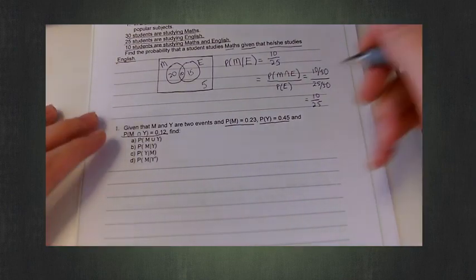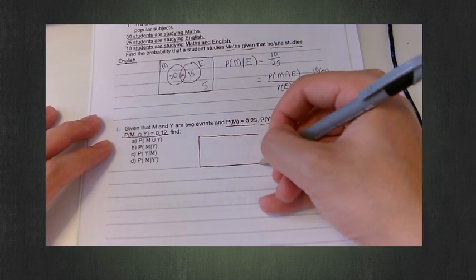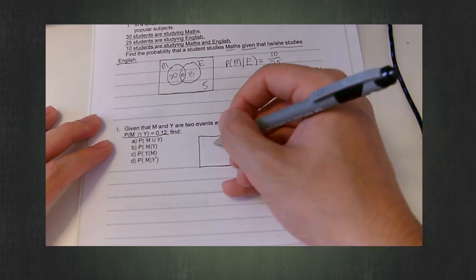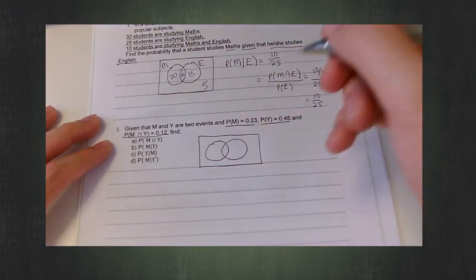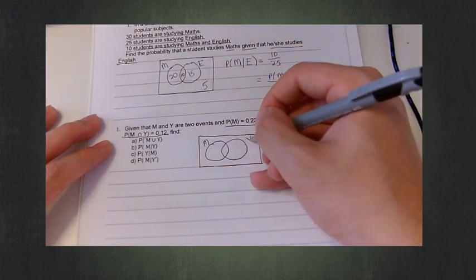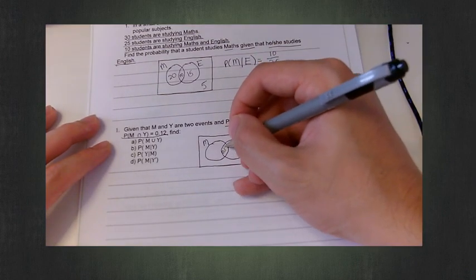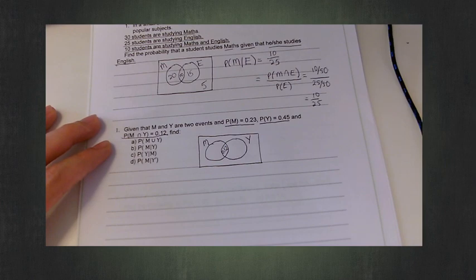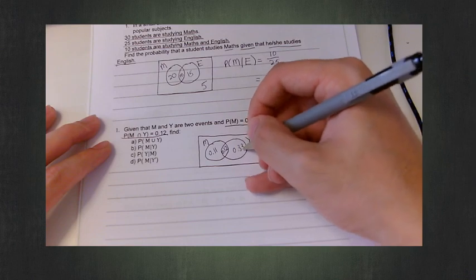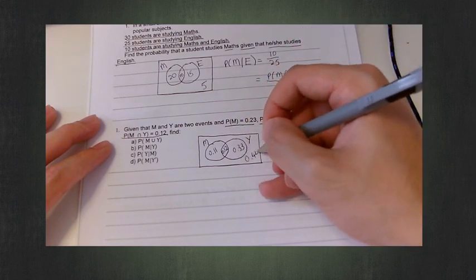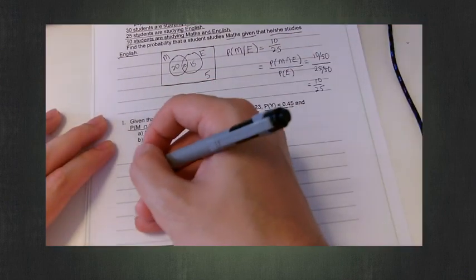So I'm going to do another Venn diagram. M, Y. Now I know what the intersection is. It's 0.12. Put that there. And obviously with a bit of quick mathematics you can fill in the rest.